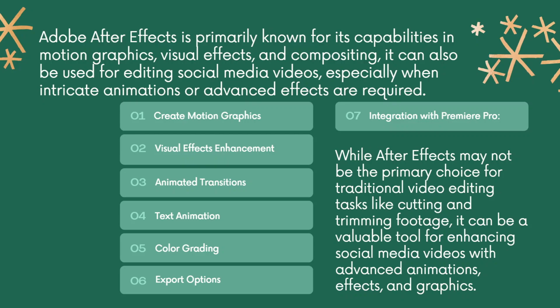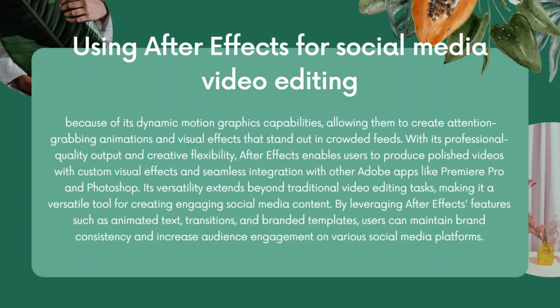So those are motion graphics, visual effects enhancements, animated transitions, text animation, color grading, export options, and integration with Premiere Pro. While After Effects may not be the primary choice for traditional video editing tasks like cutting and trimming footage, it can be a valuable tool for enhancing social media video edits with advanced animations, effects, and also graphics.